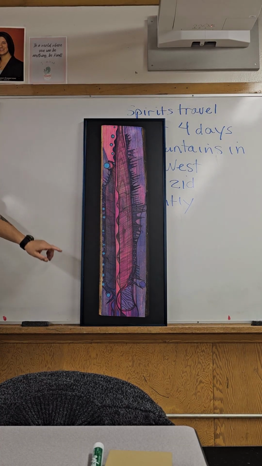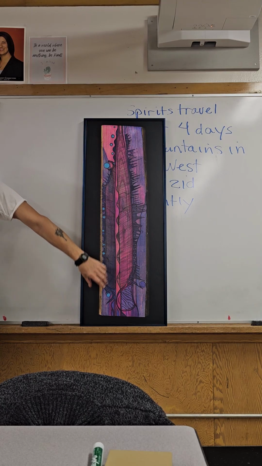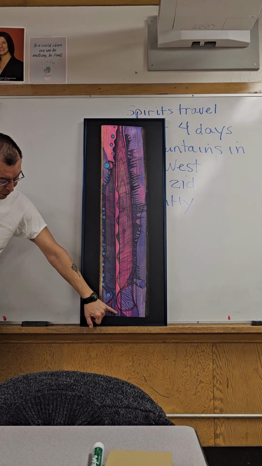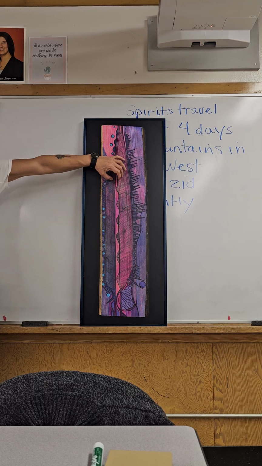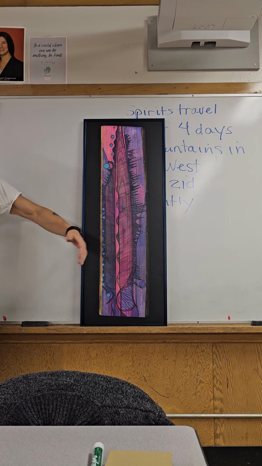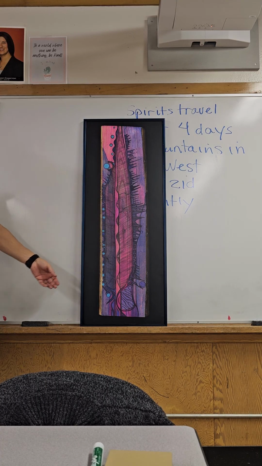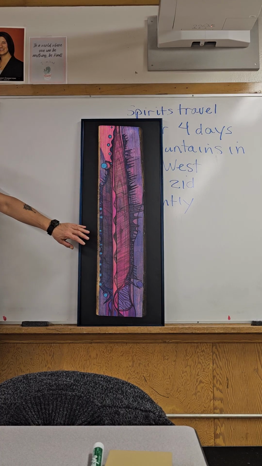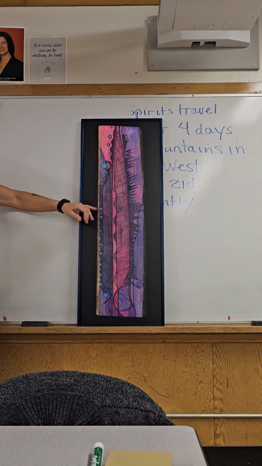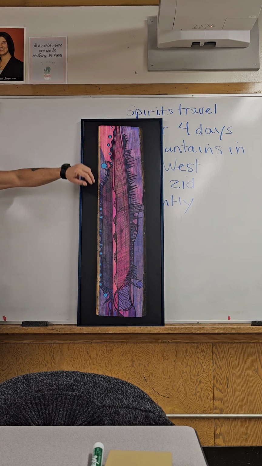Now this here is an eagle feather. If you look down the center, you can see the spine of the eagle feather, and then all of the rest of it, whatever it's called. And this is the second part in this story about the spirit journey.